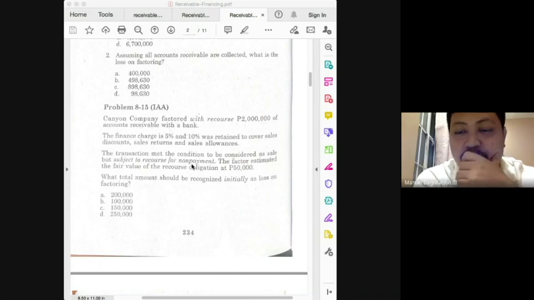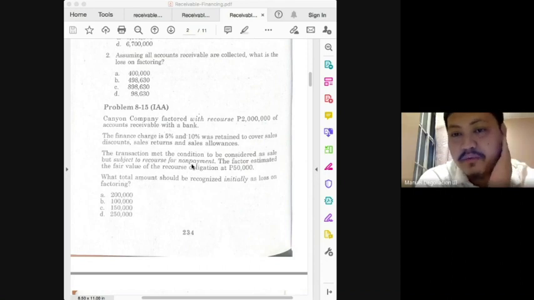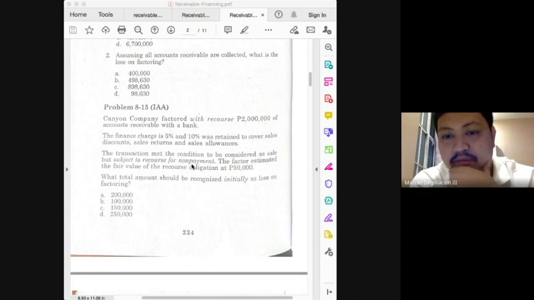Okay, again, do we include in our loss on factoring the amount of holdback? The answer is no, because we can still recover the holdback after the end of the transaction. Okay, so the answer here would be again Charlie, 150,000.